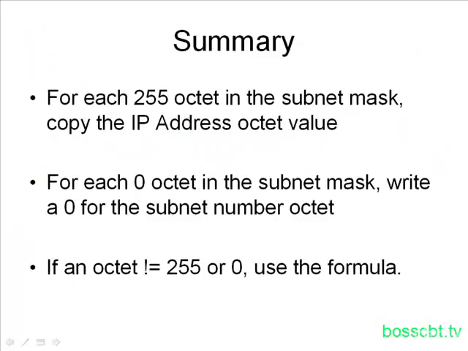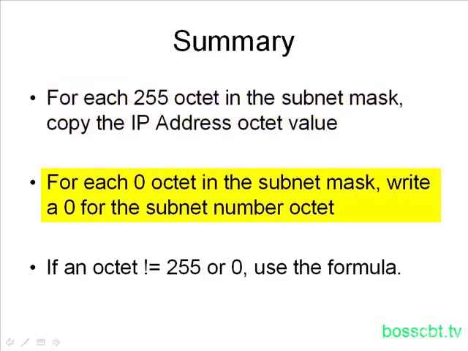All right, well, to summarize what we covered, when you're looking at a subnet mask, for every octet that has a value of 255, all you're going to do is copy the value of the IP address octet that corresponds to it.